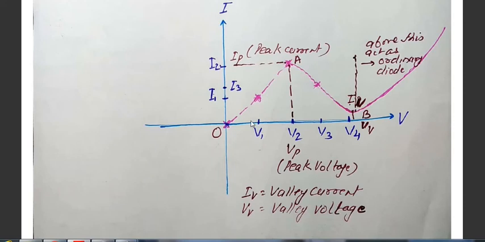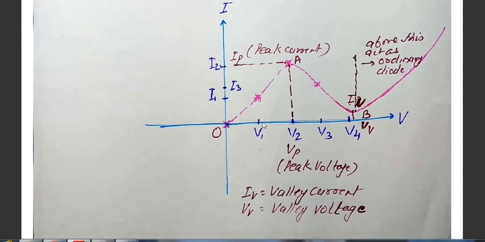So up till now we have seen the behavior of tunnel diode under different voltage conditions. Initially we have seen the behavior at a voltage which is 0, and corresponding to 0 voltage we are getting a point at origin, meaning zero conduction.